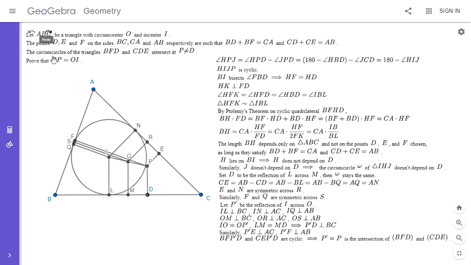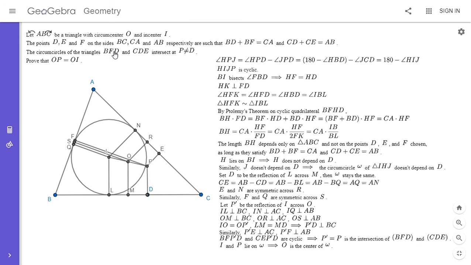And if those two are cyclic, then that means that P prime is actually the intersection of the circles through BFD and CED, which is exactly what's given in the problem statement. So for this choice of D, that means P prime is equal to P. Okay, so P prime is equal to P for this particular choice of D.